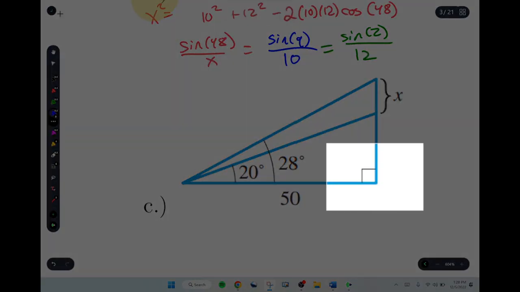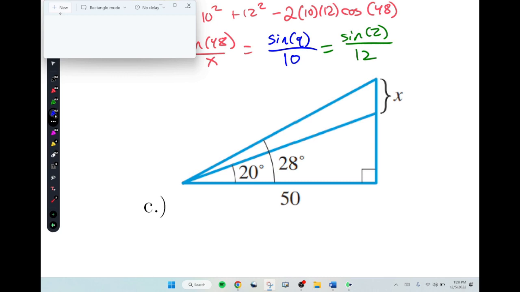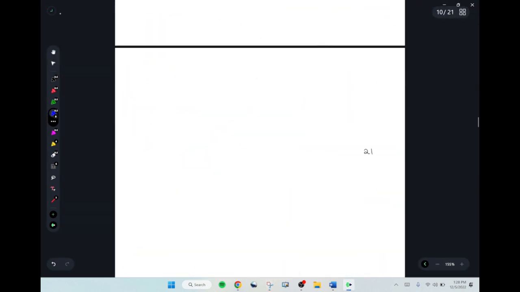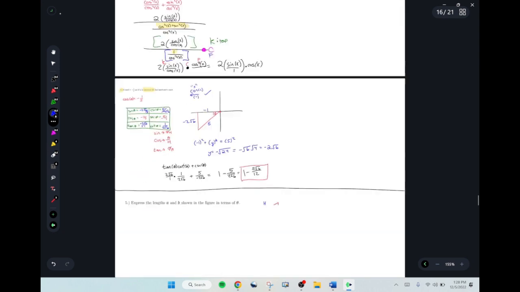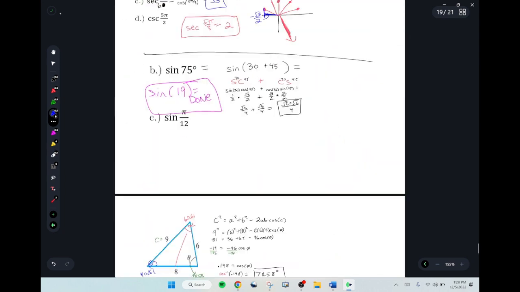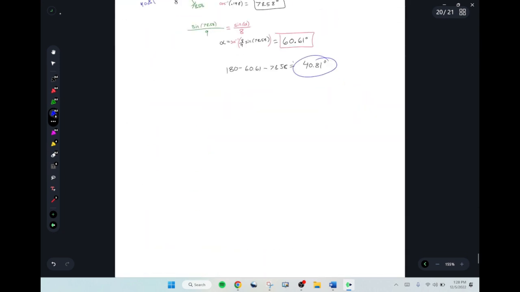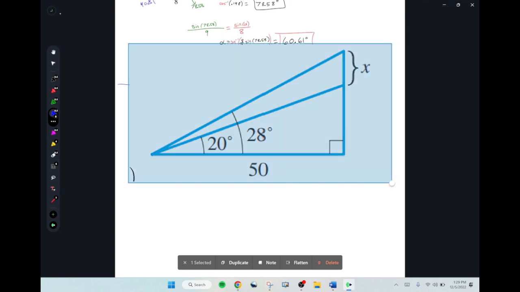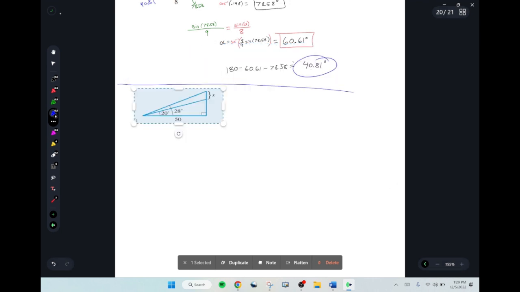All right, C is pretty darn similar. We could solve the whole triangle, but instead let's just solve the thing they're looking for. That way we can get practice on other stuff too. But you could definitely go home and say, I'm going to just solve all of these triangles, like both parts of this triangle. All right.